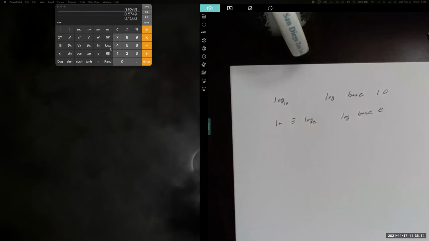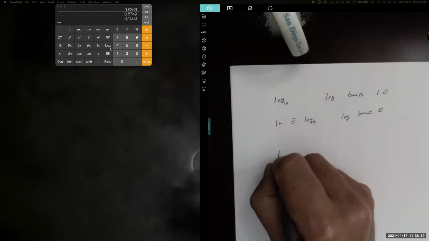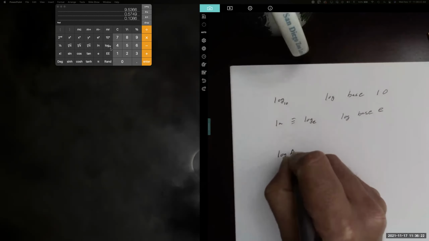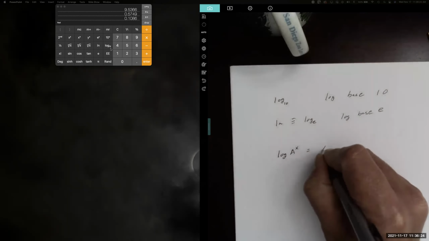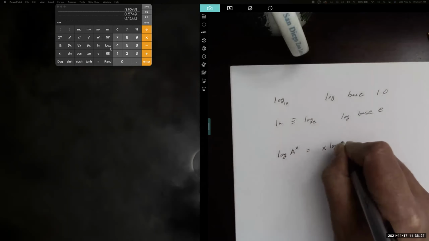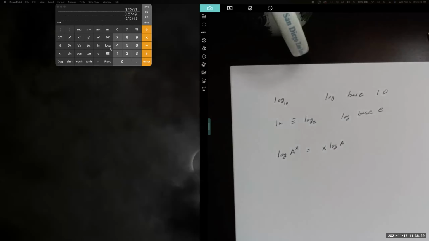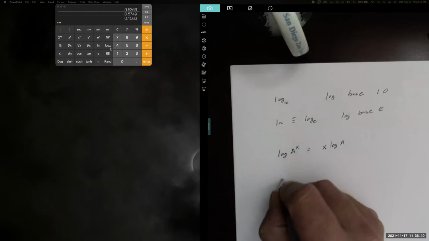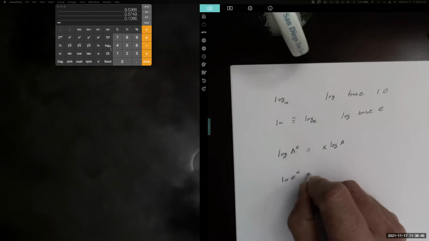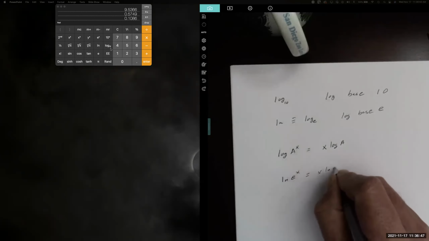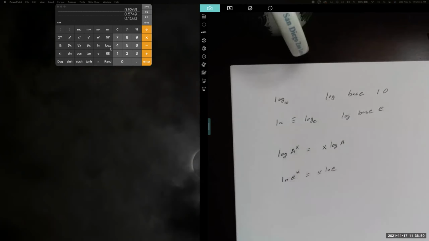Now, logs are a neat function. Log of value a to the x is equal to x log a. If I do ln e to the x, that's x ln e, and ln e is 1.